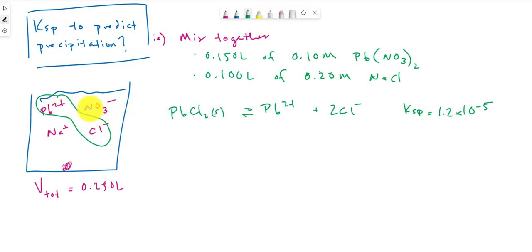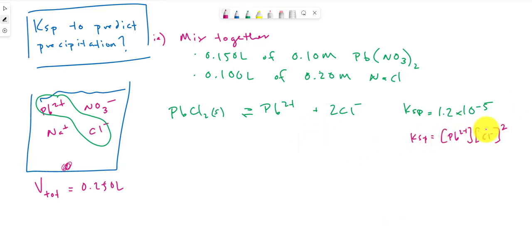We know that lead and nitrate are soluble together because that was in the original beaker. We know that sodium and chloride are soluble together because of this other beaker. And we are making an assertion that sodium and nitrate together are probably also soluble. So our first guess is that if something's going to form, it's going to be lead chloride. But that's still an if. And so we need to figure out with these specific concentrations, would we get a precipitate?